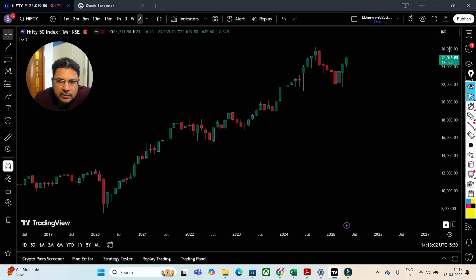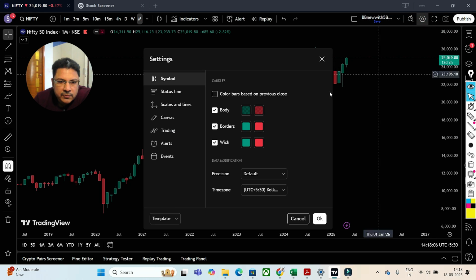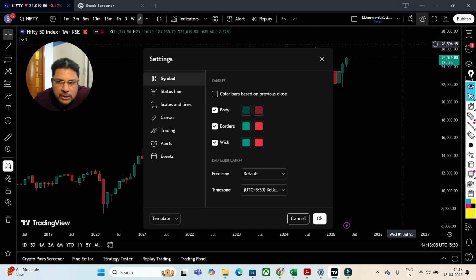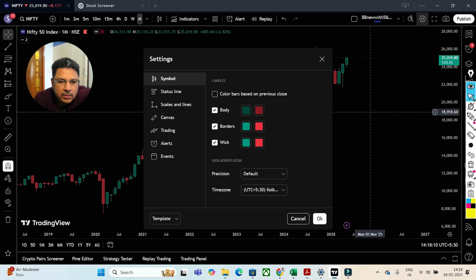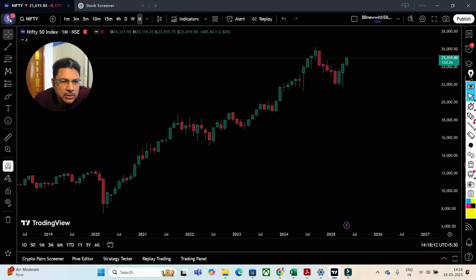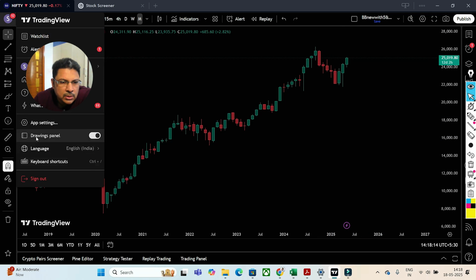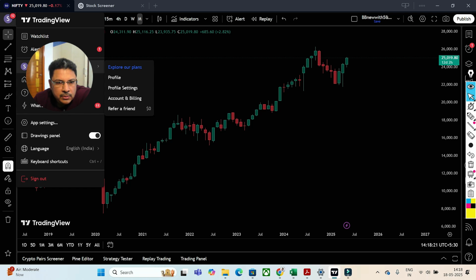As you can see, I have customized this as per my viewing preference. You can also do that by going to the settings. Once you download this app, you can choose which kind of theme you want, whether a dark theme or a light theme.